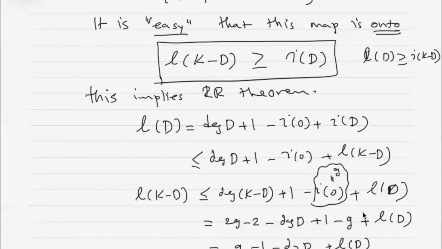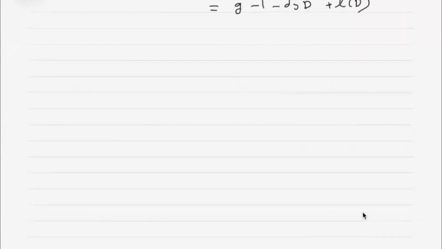I'm going to show that L of D is bigger than or equal to L of D at the end, and whatever remains in between must be an equality. And one of the terms that remains in between is the term that I have in the Riemann-Roch theorem. And that way the Riemann-Roch will be proved. But let me do it one more time.